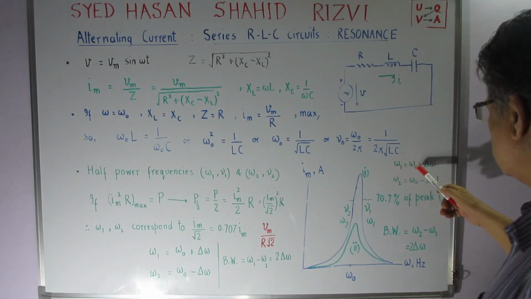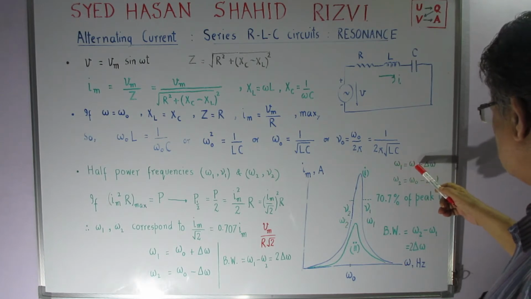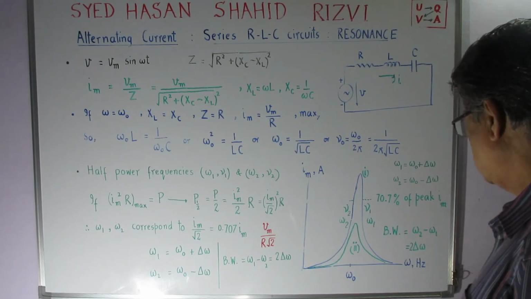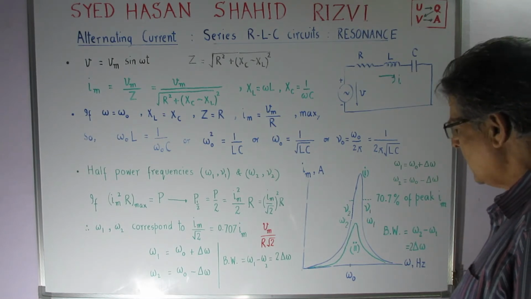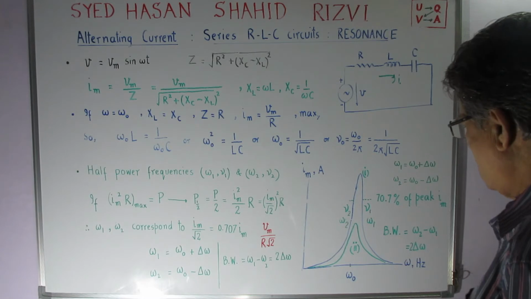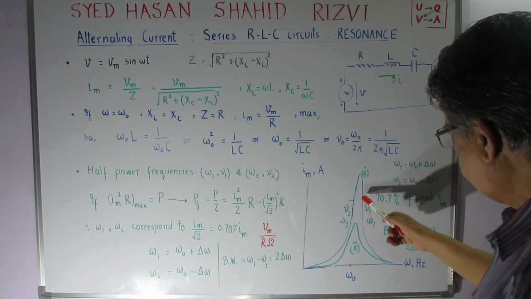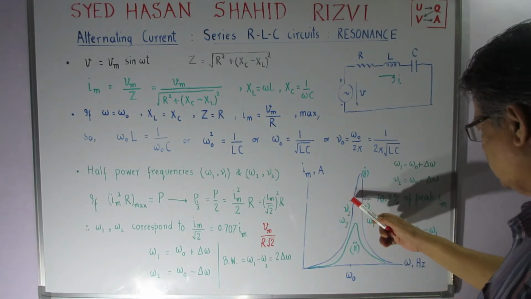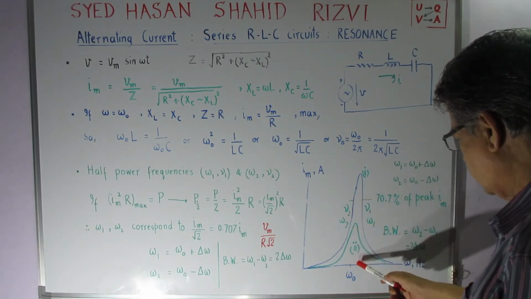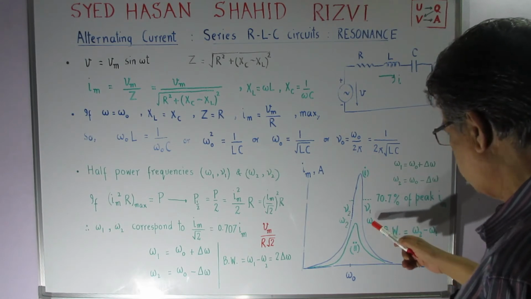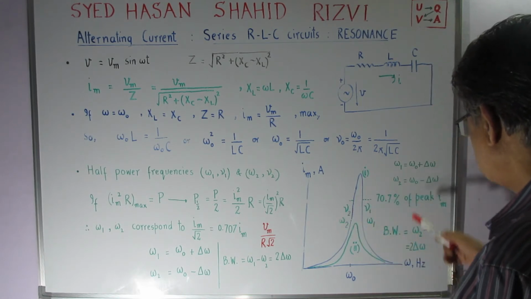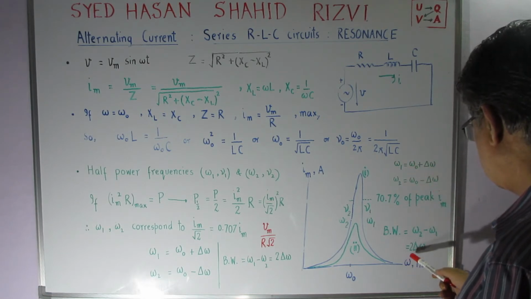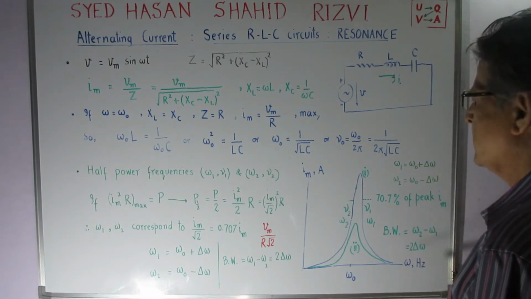Correspondingly, we can have nu 1 is equal to nu naught plus delta nu, and nu 2 is equal to nu naught minus delta nu, etc. Now, naturally, these two frequencies are different. Omega 1 is larger than omega 2, so omega 1 minus omega 2 will turn out to be equal to 2 delta omega.